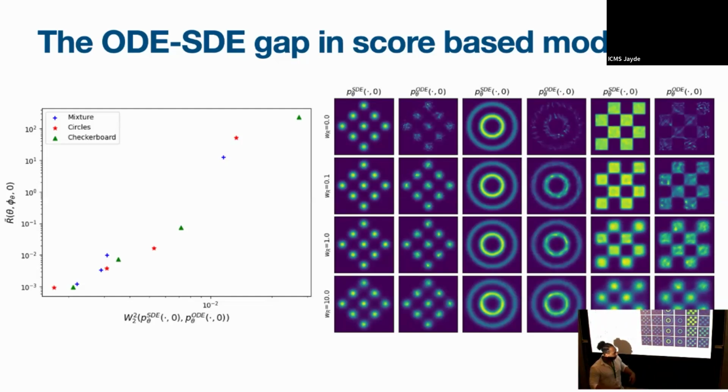But obviously there's a strong caveat here: while the gap between these two has reduced significantly, the gap between this and this has increased significantly. So you're paying the penalty of making your SDE samples worse, but pulling your ODE samples towards them. And this graph on the left is just showing the relationship between our measured Wasserstein-2 distances and the residuals. So we get the relationship suggested by this area.